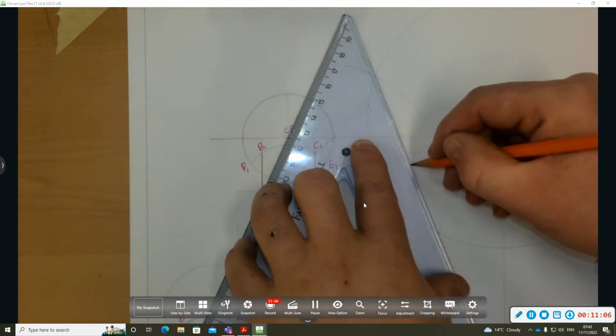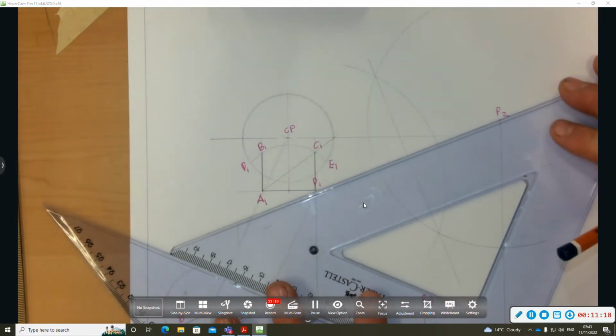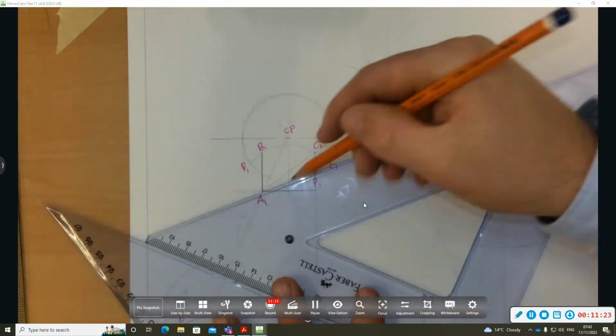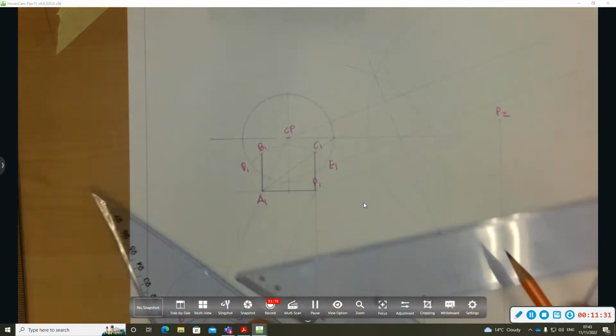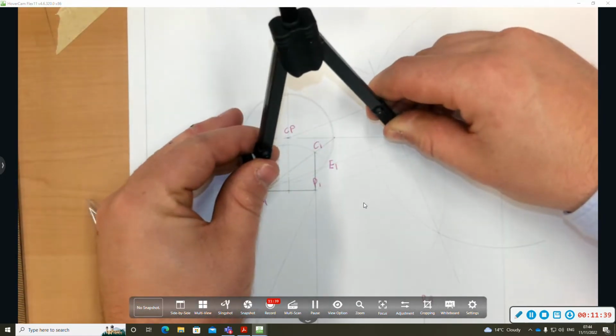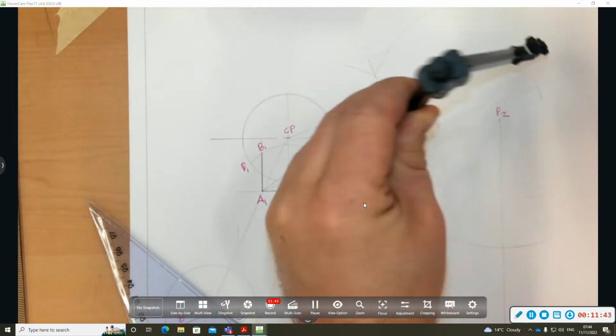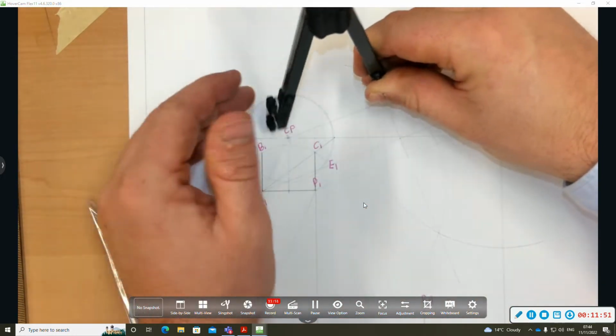That'll give us the axis of symmetry. And we're going to draw lines parallel to P1 to P2 from the letters A1, okay, CP1. Now, okay, you can get your compass, swing A1 over, and that's where A1 should be. And you can do the same for the center point.